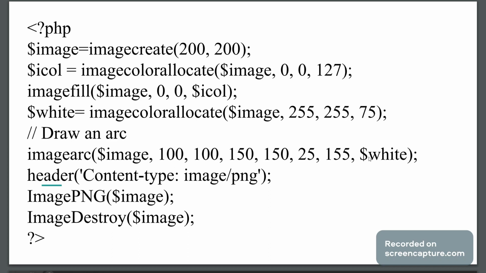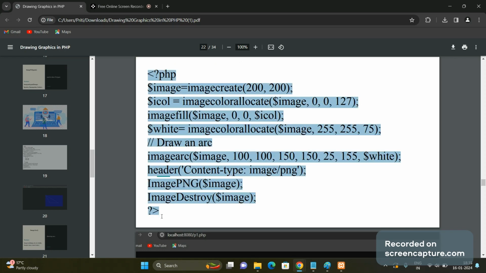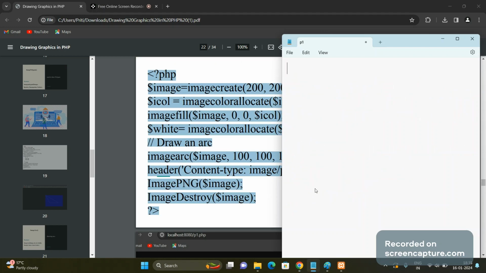And the color is the white color that we have already created. The display statement for displaying the image on the browser is content type image png, and the png image is created, and the destroy function will destroy the image.